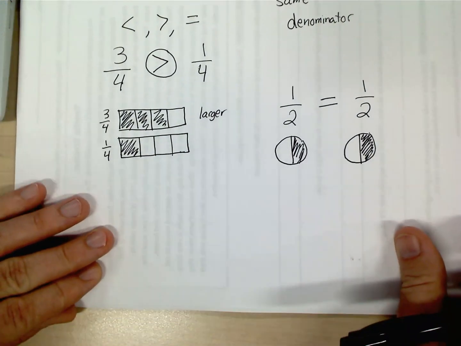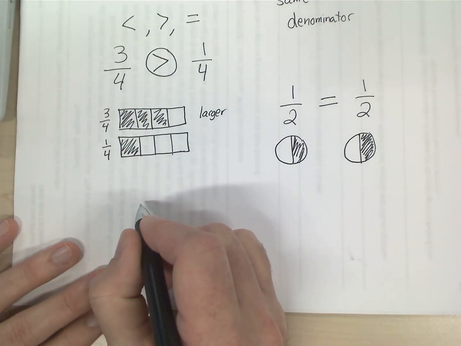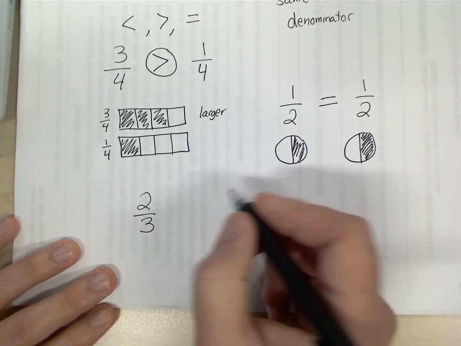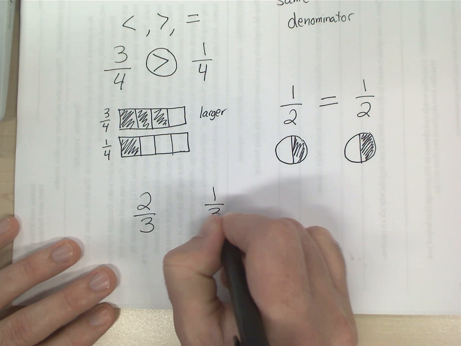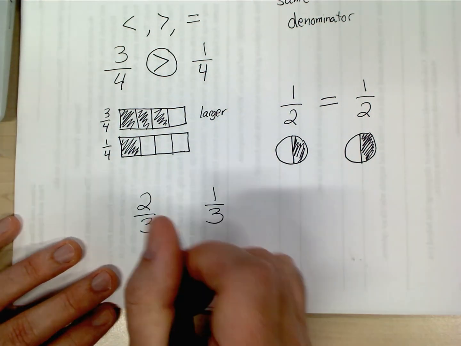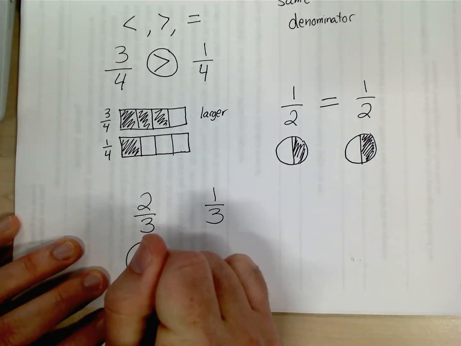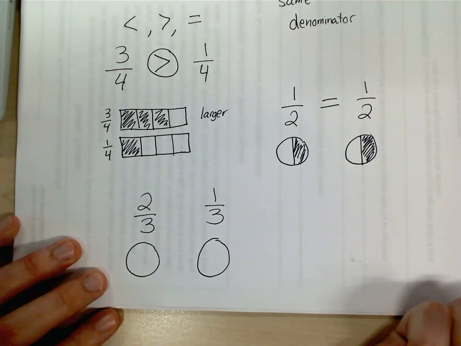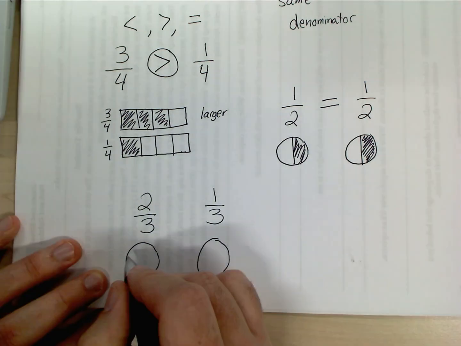Okay, let's do another one where we require a picture. And you might, as we work through some of these, start to see a pattern. I'm going to do circles again. So start with 2 circles that are the same. It was a little bigger, but it's okay.